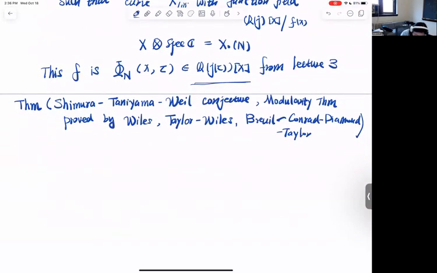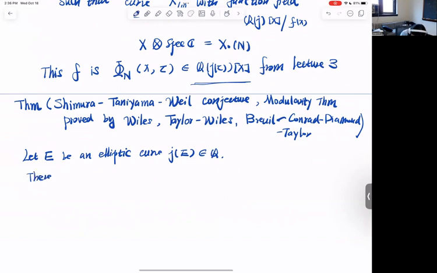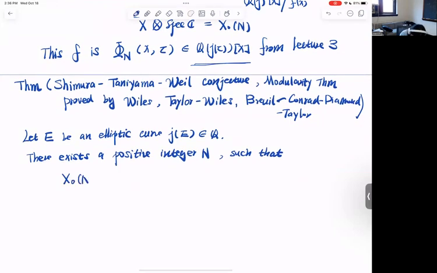And the statement is the following: let E be an elliptic curve over Q. Then there exists a positive integer n such that the modular curve X naught of n admits a surjective map to E over Q.